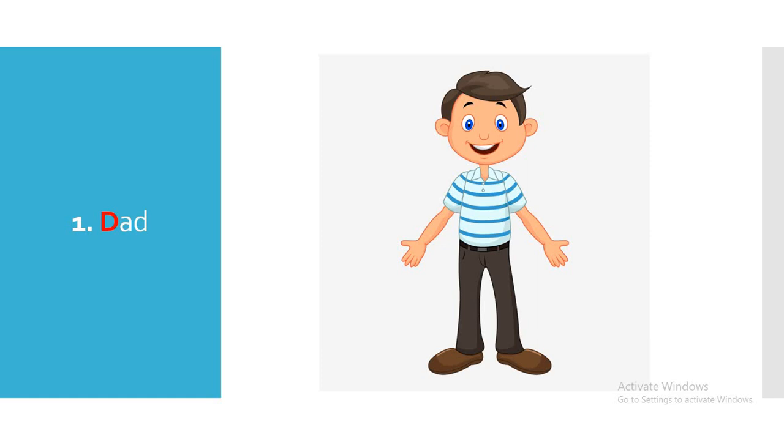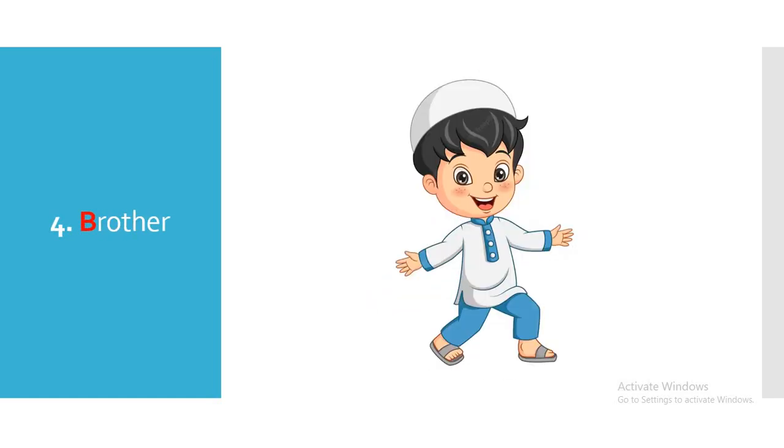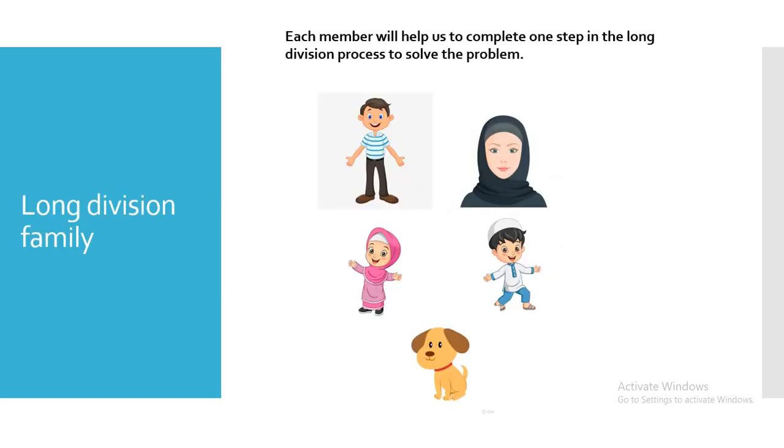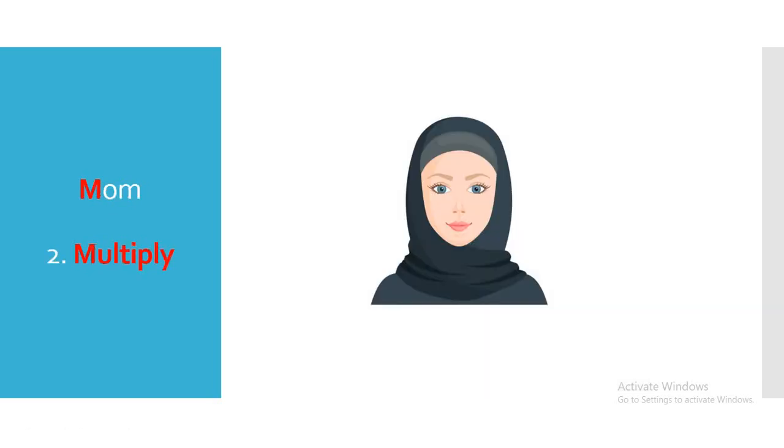This is the long division family. This is dad, mom, sister, brother, and Rover. Each member will help us to complete one step in the long division process to solve a problem. Dad will help us to divide, which is the first step.